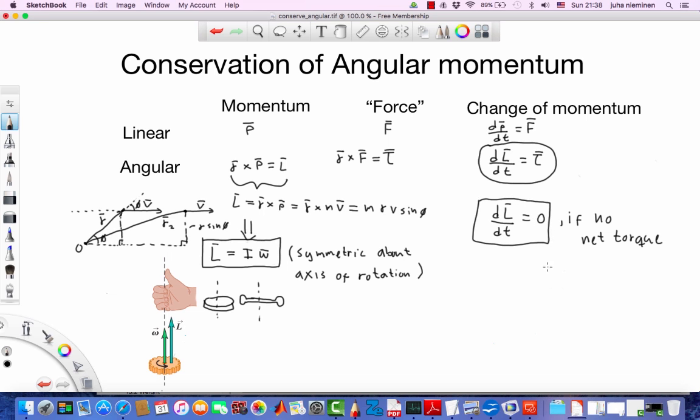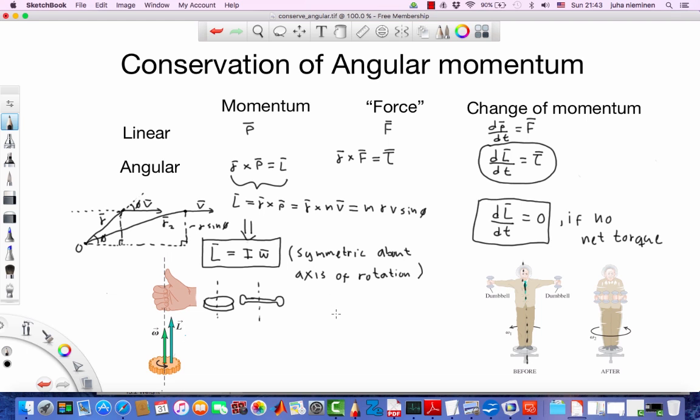A classic example of this is when a person is rotating initially with arms extended, and then when he pulls them in, the angular velocity increases significantly. We can show this quite easily because the person here is symmetric about the rotation axis that runs through him.